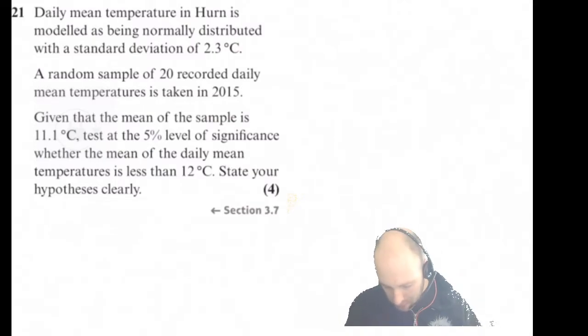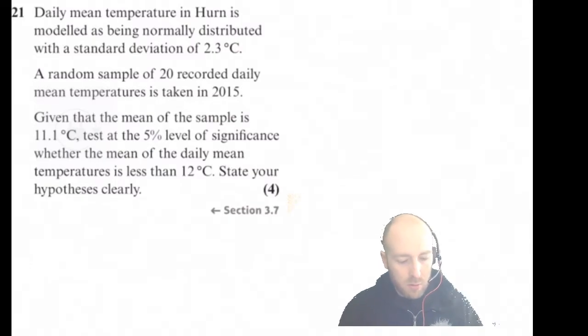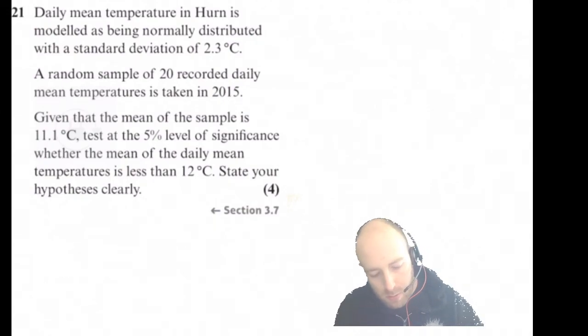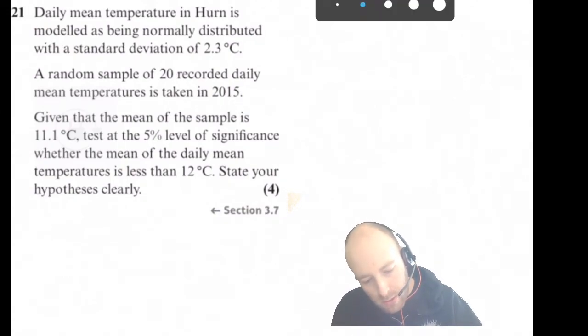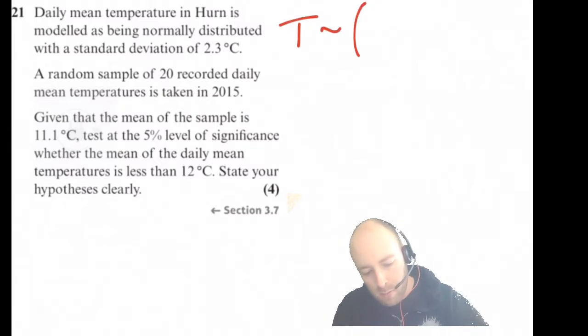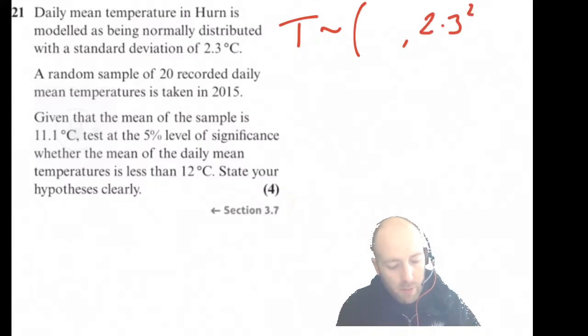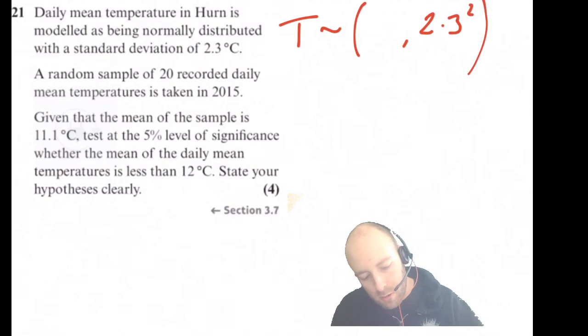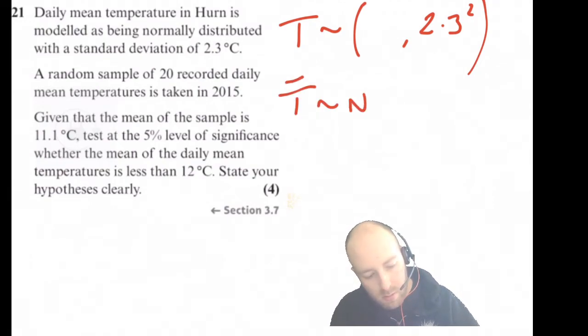So, daily mean temperature in Herne is modeled normally distributed, blah, blah, blah. So let's do the distribution. T is normally distributed with a mean of, well, if we read through for the mean, we know sigma is 2.3 squared. It's got a random sample of 20, so the mean distribution is going to have, oops, forgot the letter N in that one.